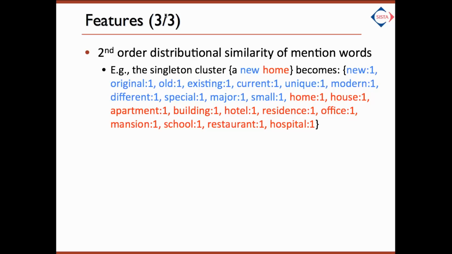So the mention a new home becomes new, which is the original word, and then the top words from Lin's dictionary, right? So original, old, existing, and so on. And then the second word, home, this is our word, and the top most similar words from his dictionary: house, apartment, building, and so on. So for each mention, you end up with a vector. And then when we merge things, we simply compute their cosine similarity again.